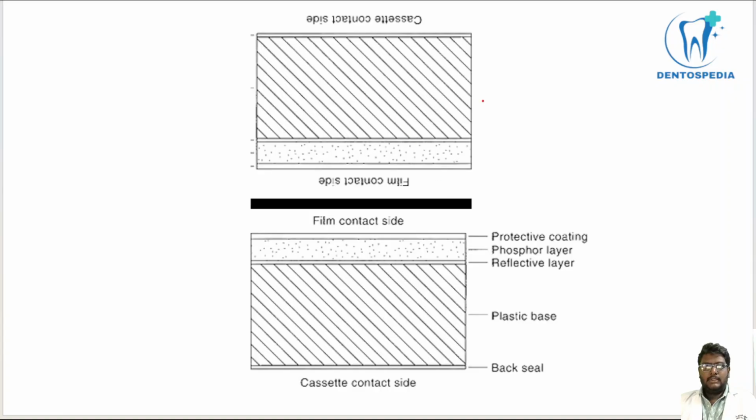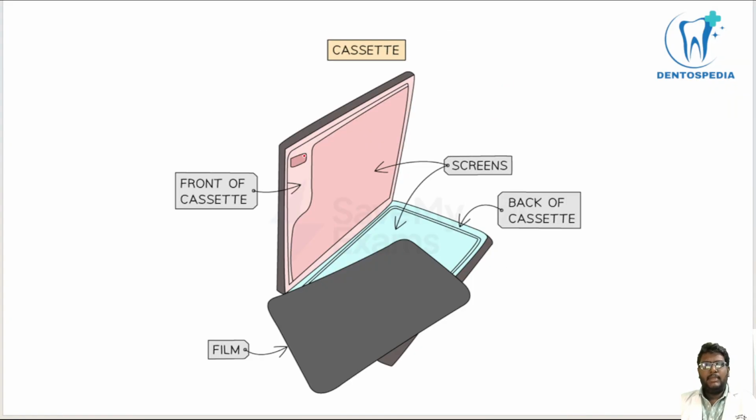Here you can see an intensifying screen and another intensifying screen, and in between them the film is sandwiched. This is how you place the film and screens inside the film cassette. The film cassette holds both of them. This whole setup is usually used in extraoral radiographic techniques, not intraoral.